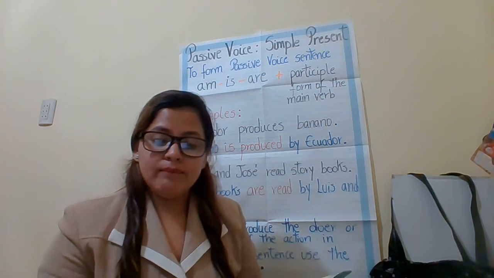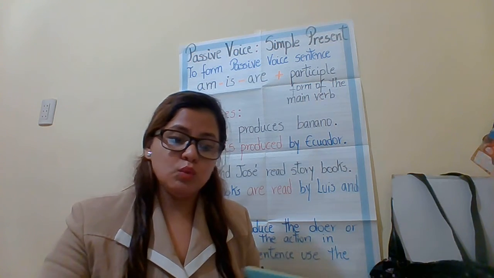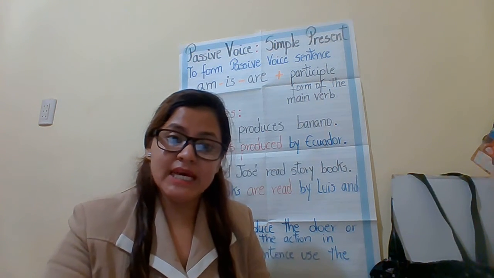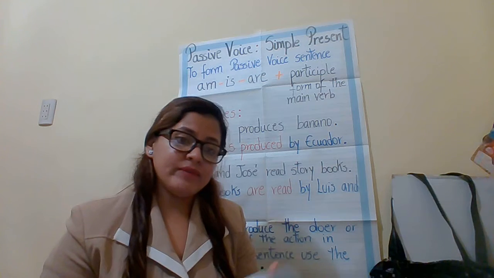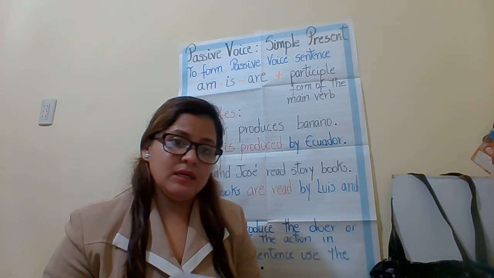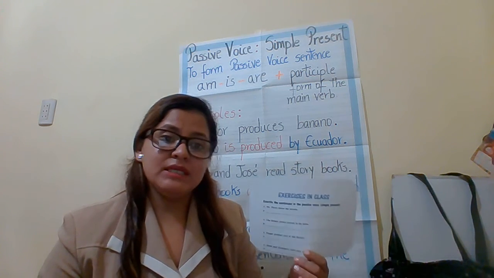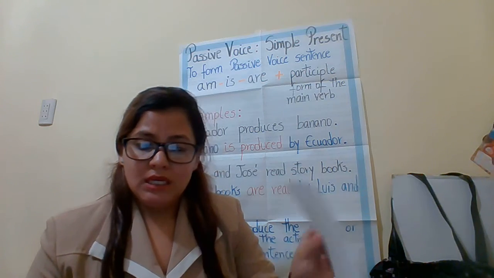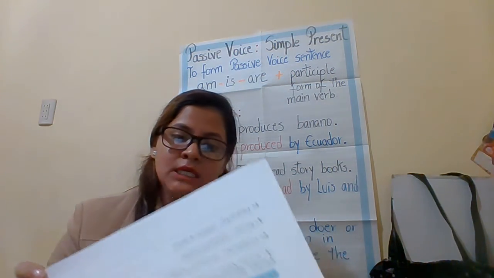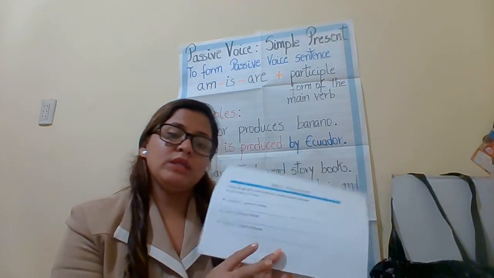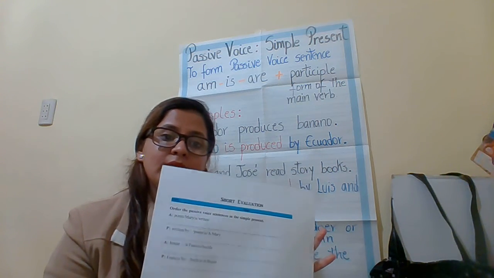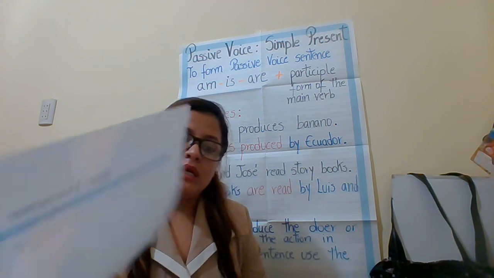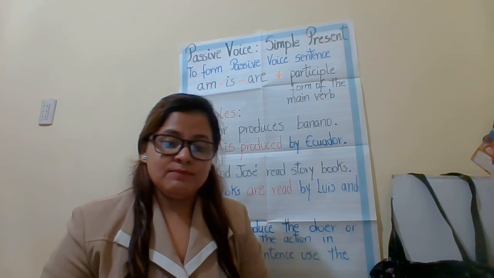Then the students have to do a short exercise in class. After that, they explain the class to the teacher, and finally the students have to do a short evaluation at the end of the class.